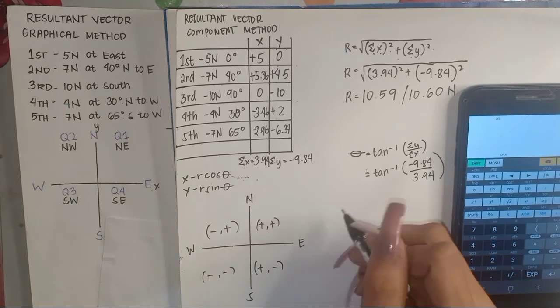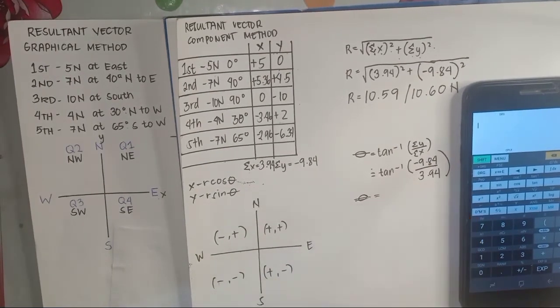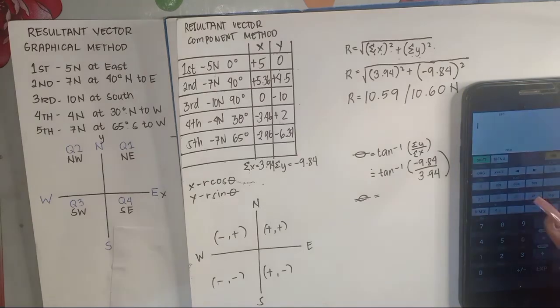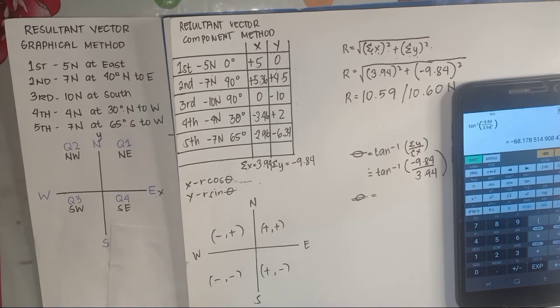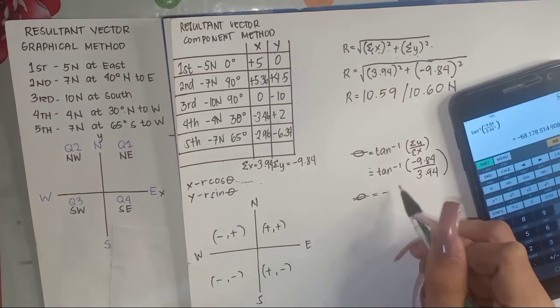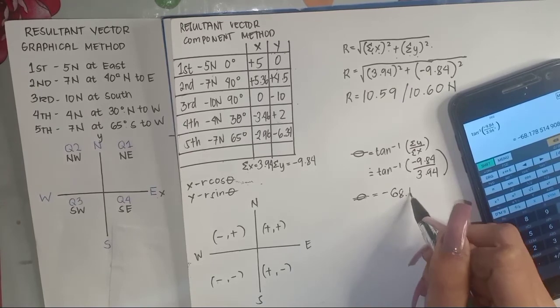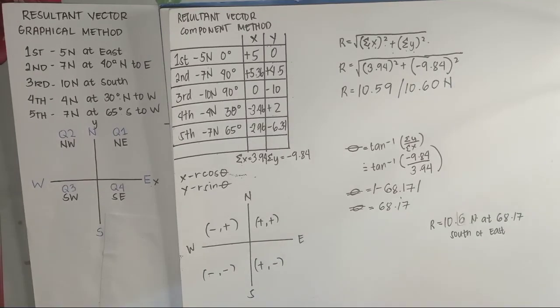And now, let's look for the answer. So, by pressing calculator, we will get negative 68.117. After nito, absolute value, and ito na yung final answer.